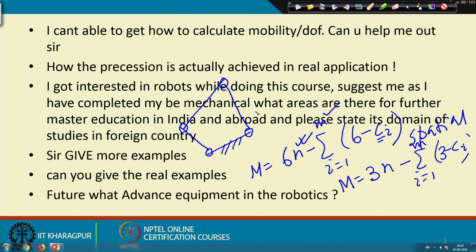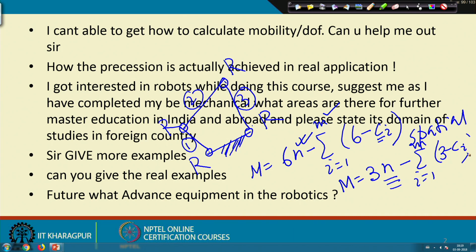The value of n is the number of moving links. So I have got 1, 2, 3, that is 3 moving links, and this is the fixed link. Then what is the value of small m? m will be 1, 2, 3, 4. I have got four revolute joints, and each revolute joint has one connectivity.